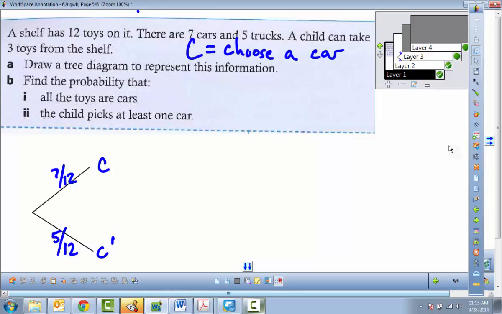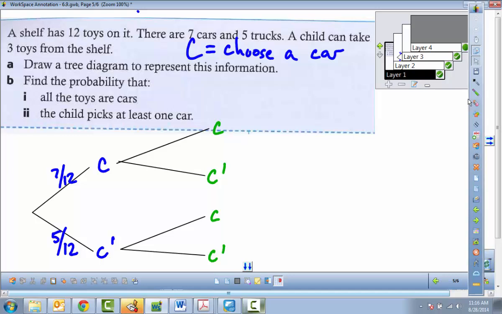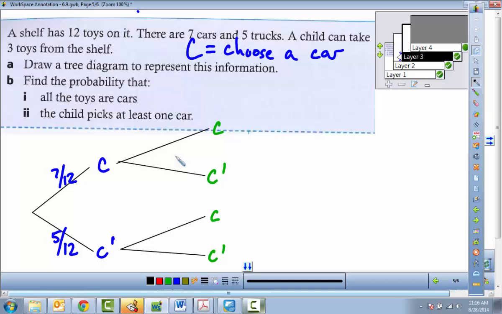So the first event is he either chooses a car or he doesn't. And it would look like this. Choosing a car is 7 out of 12. Not choosing a car is 5 out of 12. The next event is either choosing a car or not choosing a car. And the probabilities here are, well, now he took a car off, remember, going across the top.